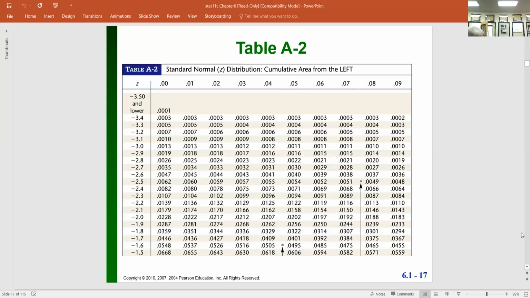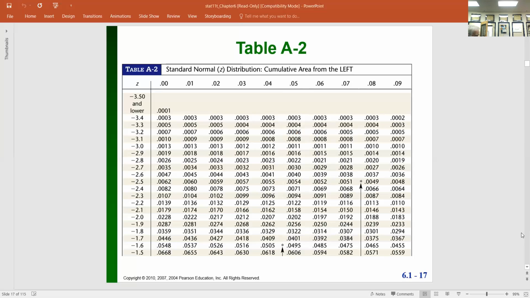So anyway, let's take a look at number 7, which gives us a different perspective here. What we're being asked here is to determine the proportion of people. If you just took a random person, the probability that their IQ would be between 90 and 115.